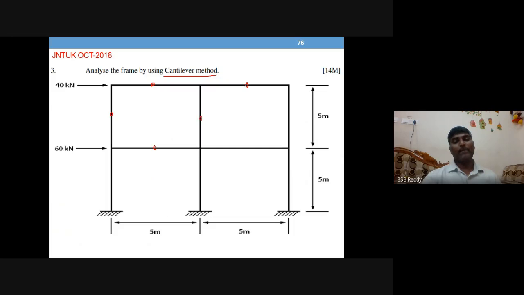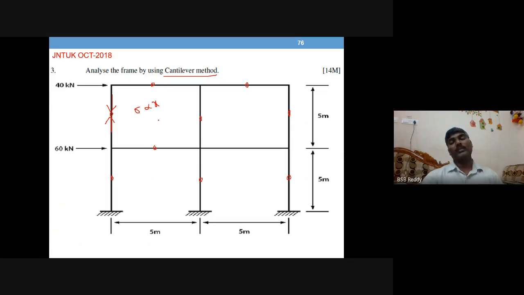Then for assumption two, you have to locate the CG of all columns and apply assumption two, that the axial stress, that means axial force divided by area, is proportional to the distance.